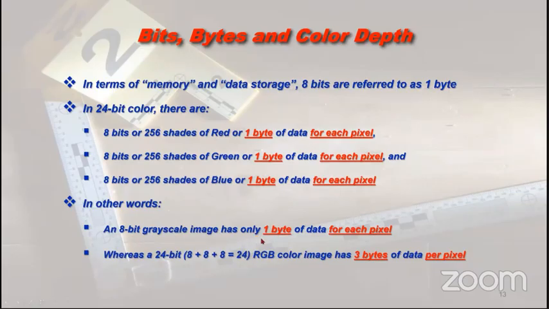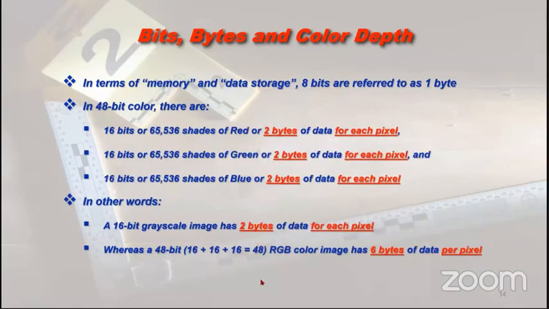Or if I've got grayscale, I've got 8 bits or 1 byte of data for each pixel. So if it's 24 bits, then a color image is going to have 3 bytes of data for each individual pixel. So the size of the imaging sensor, the number of megapixels, does have a rather important bearing on you.